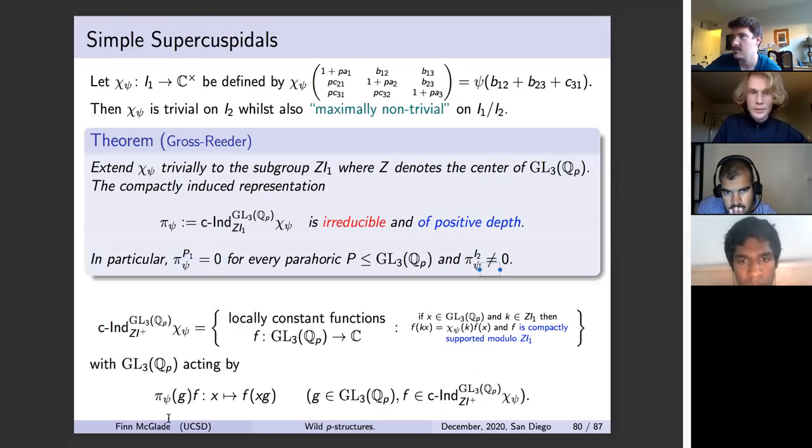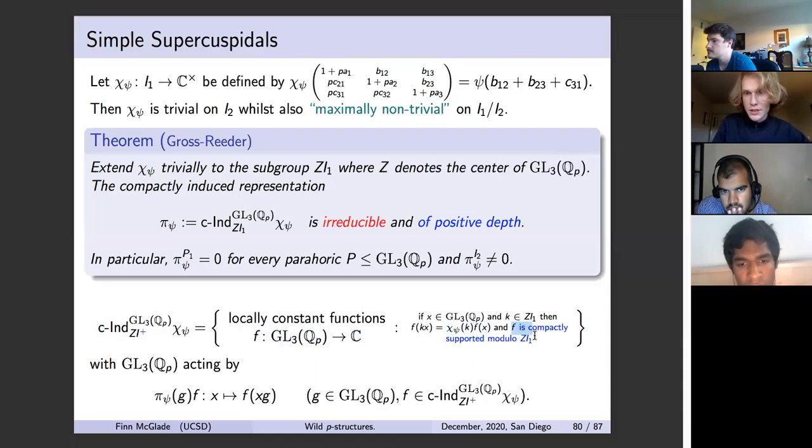Okay, so what is the compact induction? Well, this is some function space on the group. So the vectors in this representation are functions from GL_3(Q_p) into C with this transformation property. If you give me some x in GL_3(Q_p) and a k in I1, then f(kx) should be equal to chi psi of k, which is a complex number, times f(x).